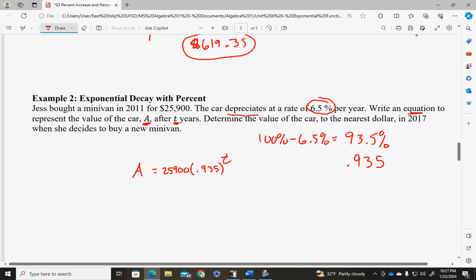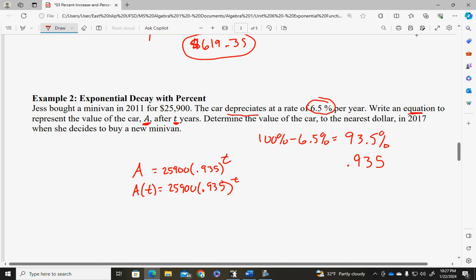So your exponent does always represent time when we're talking about real world situations. And a lot of times we like to use the letter t for time. I could write A of t instead of just A. Either way would be acceptable.